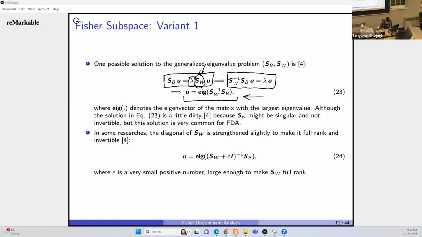So I add a very small positive number epsilon to the main diagonal of SW. This is a hack used a lot in Fisher discriminant analysis. Of course, too small an epsilon may leave it singular, and too large an epsilon will make it inaccurate. So it's a trade-off.